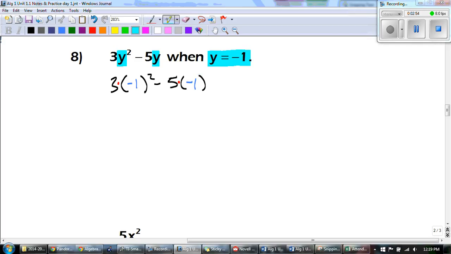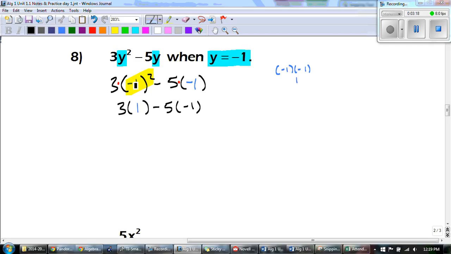Now order of operations, I need to do exponents first. So -1 squared, remember that's -1 times -1, which gives us a +1. So we have 3 times 1 now, minus 5 times -1.